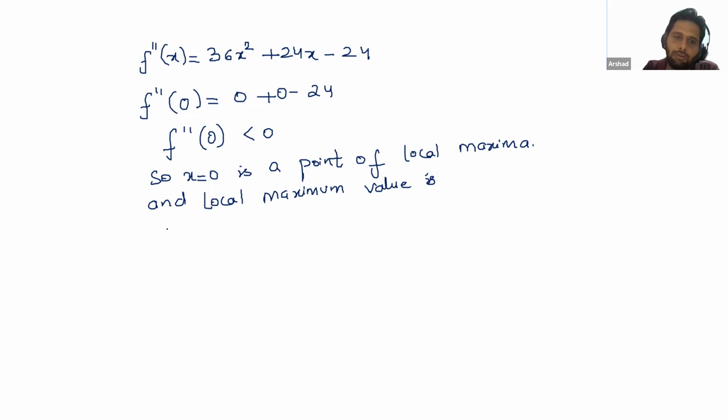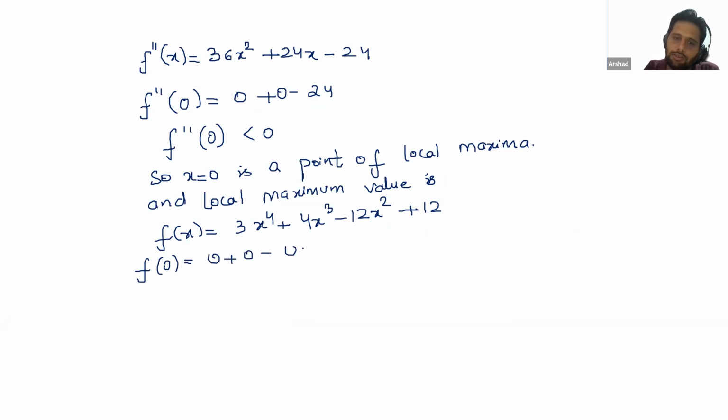What was your function? 3x^4 + 4x^3 - 12x^2 + 12. Put 0 here. So f(0), you will get 0 plus 0 minus 0 plus 12. So f(0) is equal to 12.